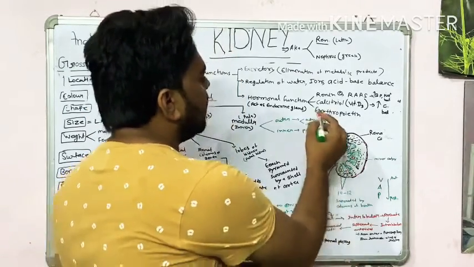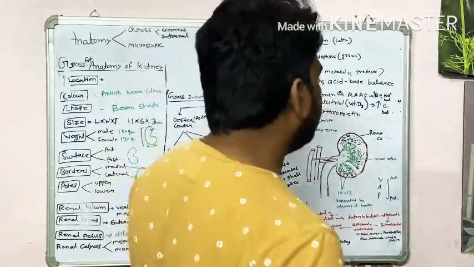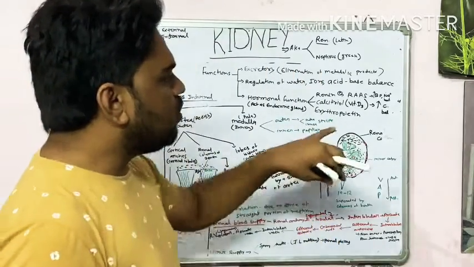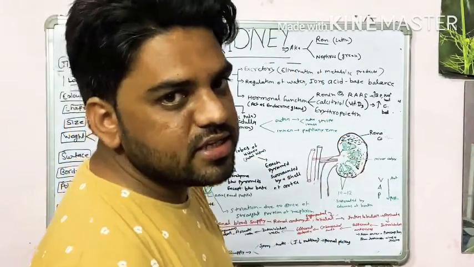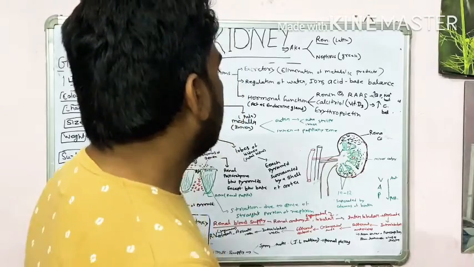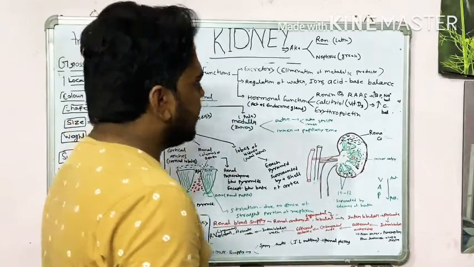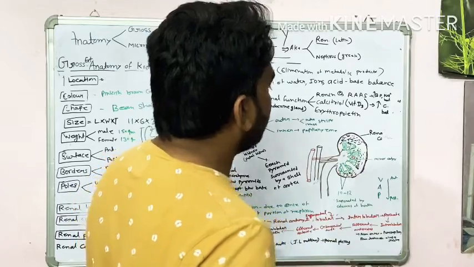Then calcitriol, vitamin D3, is responsible for calcium level balance. Then erythropoietin hormone.